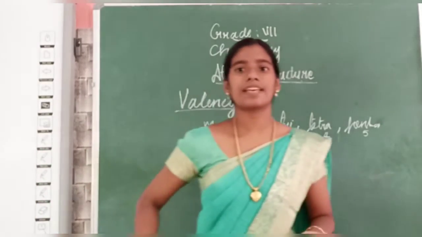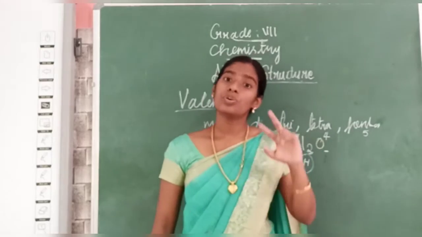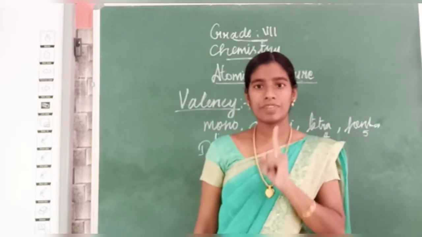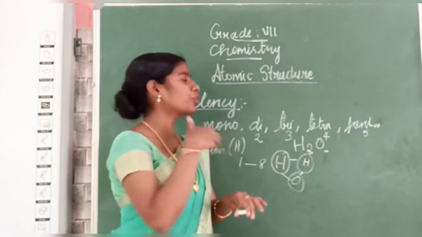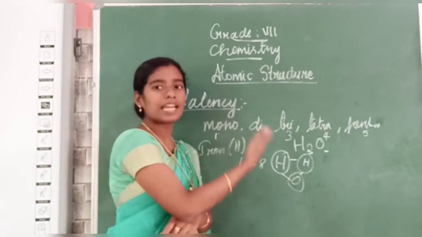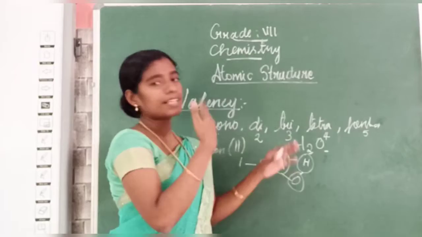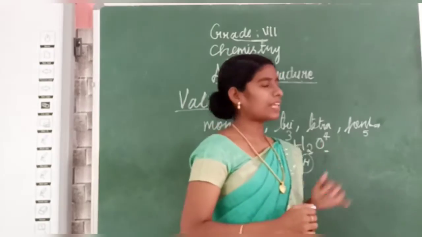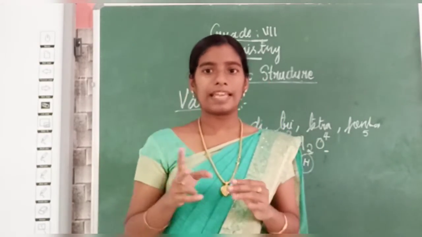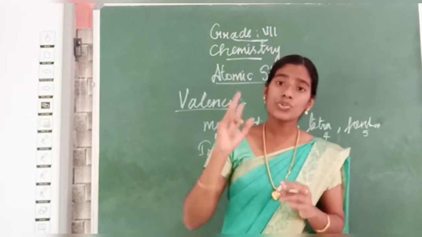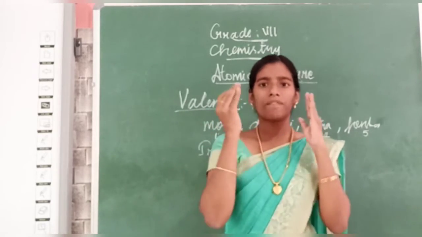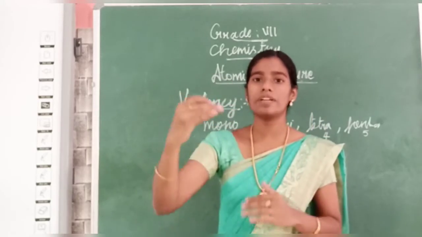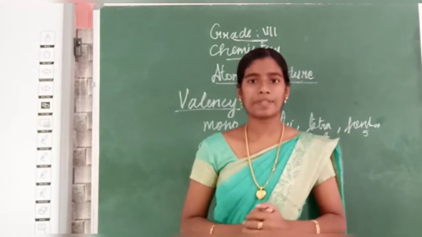In some cases it will have 2 valencies. When it has 1 valency, we can call it monovalent, divalent, trivalent, tetravalent, pentavalent, like this. When an element has more than 1 valency, how should we represent it?